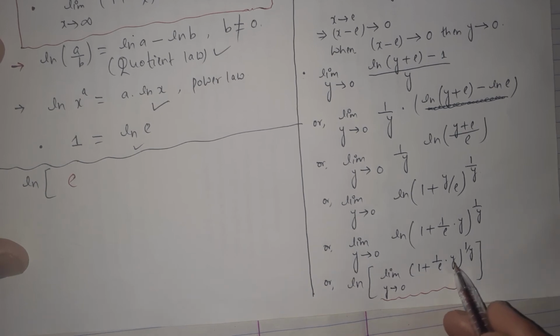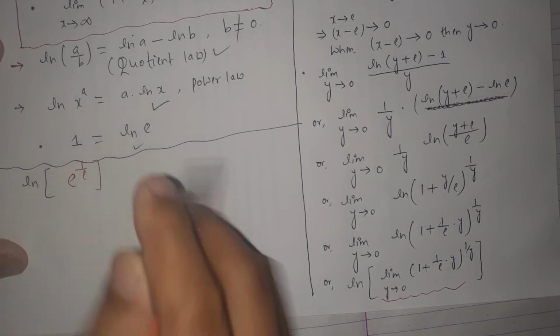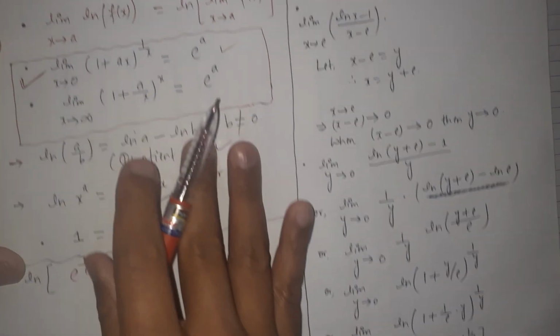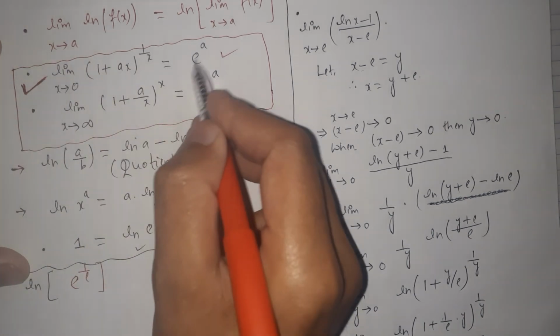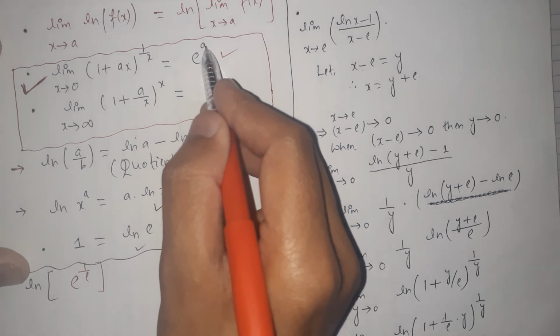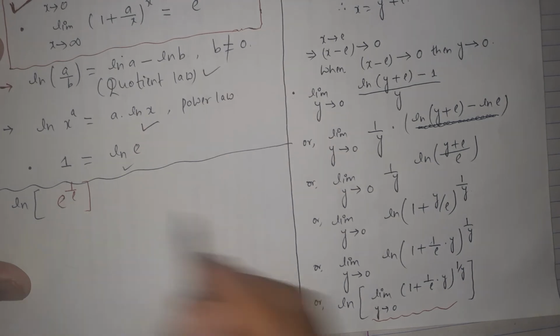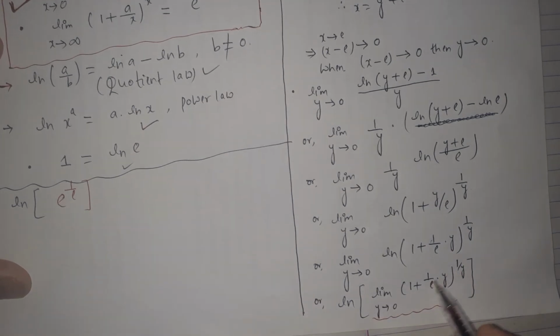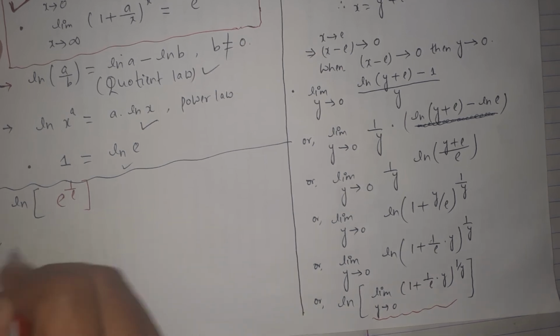Here the variable is y and its coefficient is 1 over e, so e to the power 1 over e. Here we use this formula of the Euler number: we put on the power of e the coefficient a of x. We do the same here, e to the power of the coefficient of y, which is 1 over e.